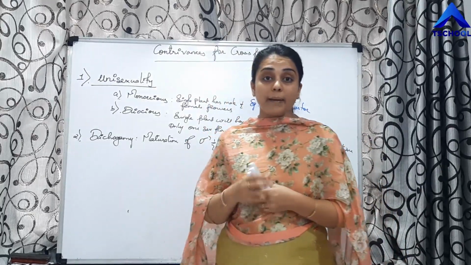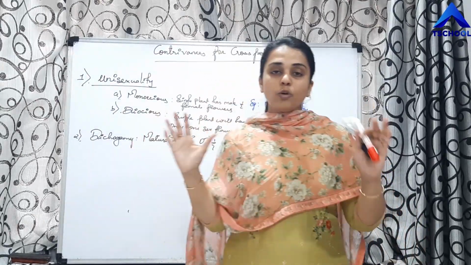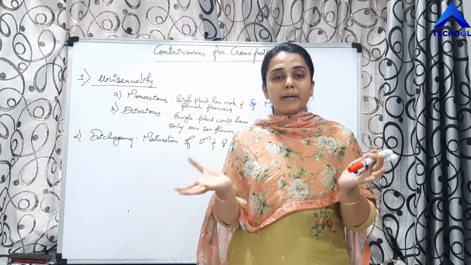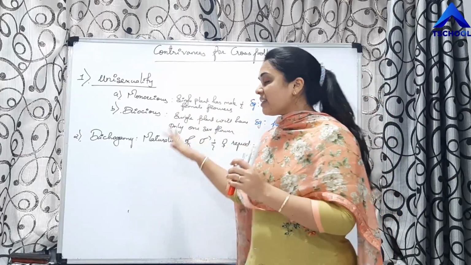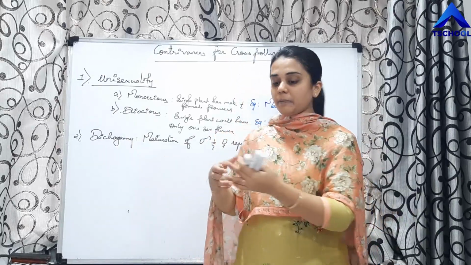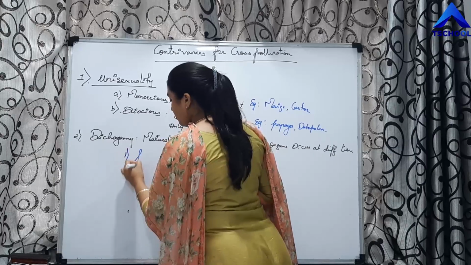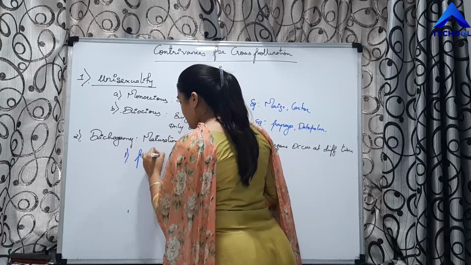There should be dichogamy. Homogamy was favoring self-pollination, when both androecium and gynoecium mature at the same time. In this case, either the male part will mature first or the female part will mature first. Right? So there are two types. That is protandrous.